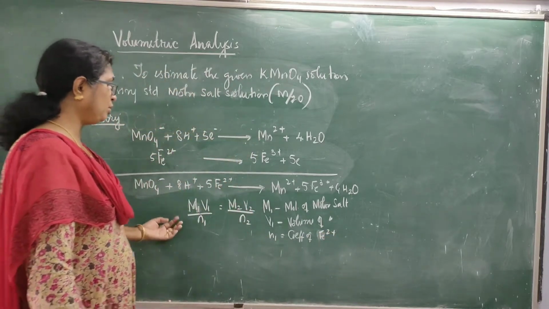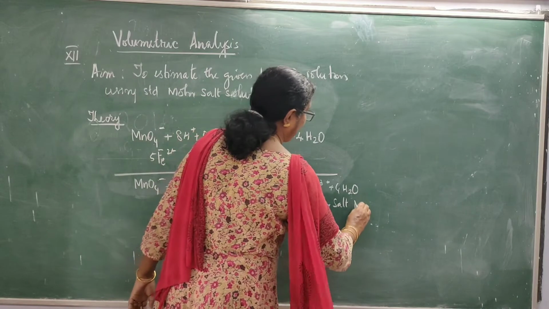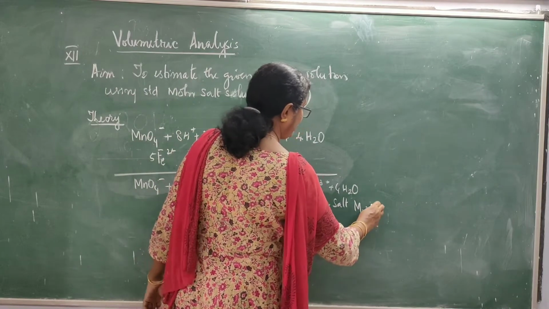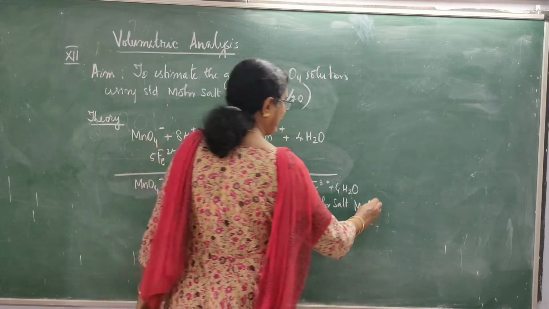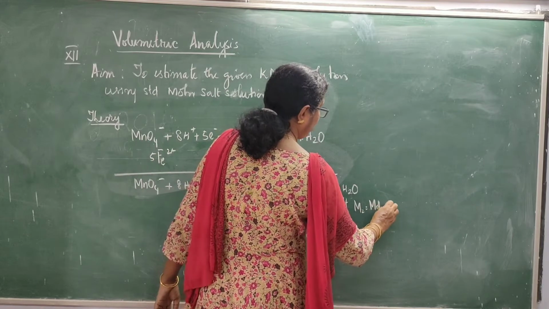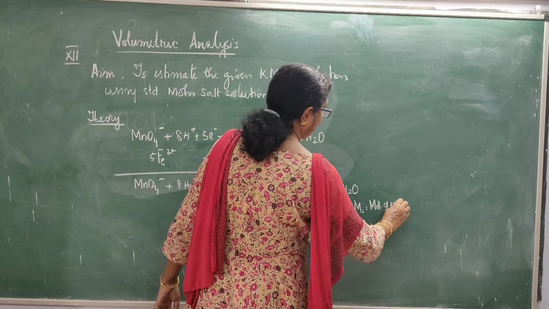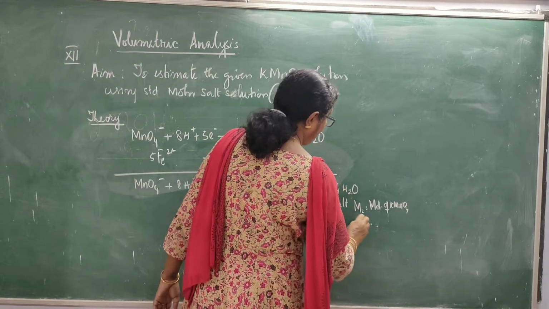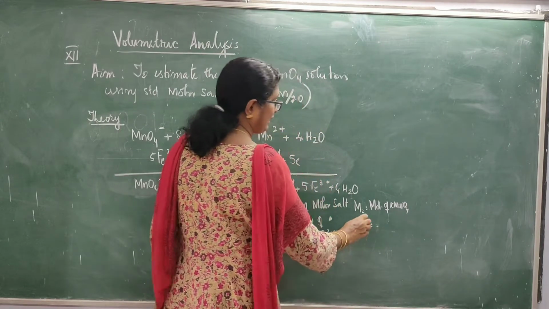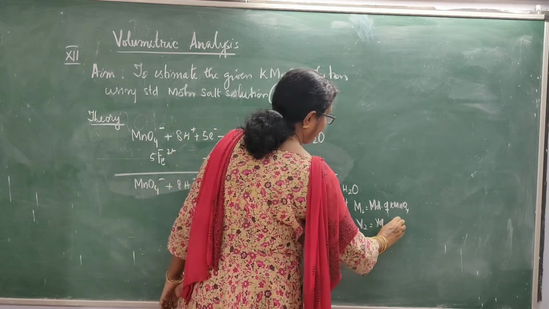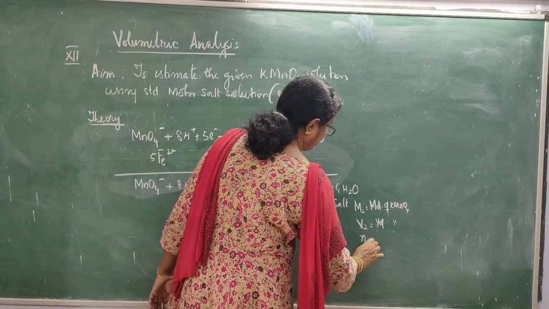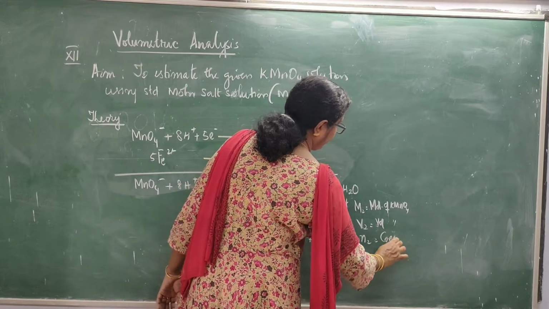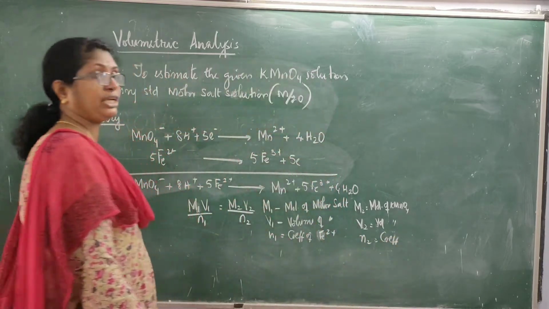Now what is M2? M2 is the molarity of KMnO4, which we don't know. Then V2 is the volume of KMnO4, which we get after titration. N2 is its coefficient, which we also know from the balanced equation.